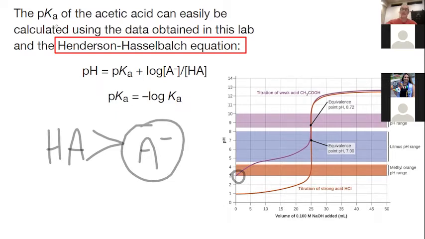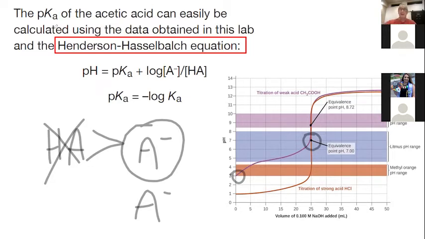Now, at the end of the titration, all of the acetic acid is gone, and it's all been turned into acetate. So at the beginning of the titration, it's all acid and no conjugate base. At the end of the titration, it's all conjugate base and no acid.